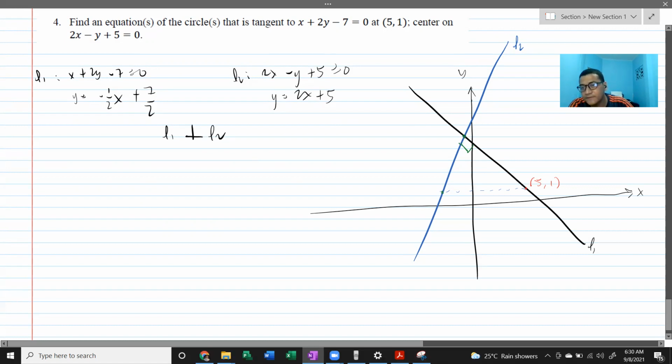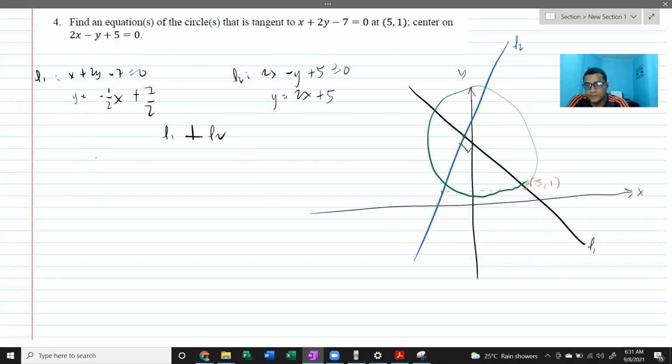But if the center of the circle is located here and your circle will be like this, then this L1 cannot be a tangent line since it intersects our circle at 2 points. Our L1 is now a secant line. Therefore, what we can say about the problem is there is no circle that satisfies the given condition.